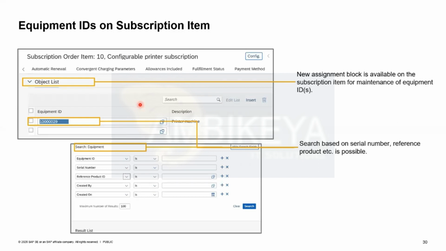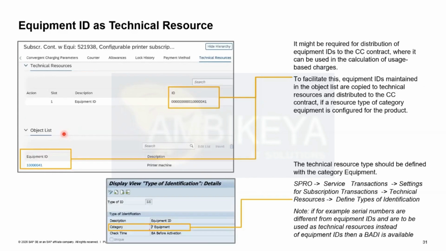Okay. So when such a product is considered, there is a new assignment block called object list, where you can already assign equipment IDs if you know them upfront, and these will be copied as a technical resource.